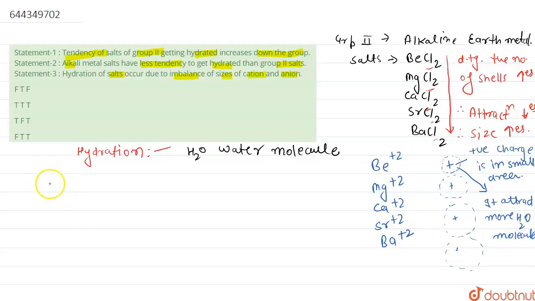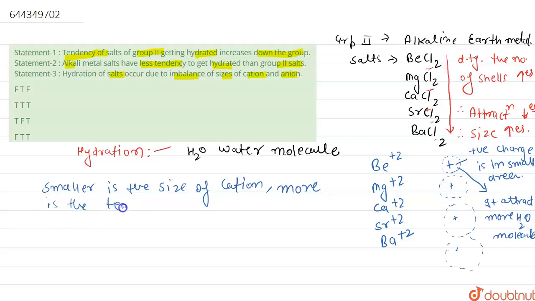The smaller the size of the cation, the more is the tendency to attract water molecules. Therefore, beryllium has the smaller size of cation, so it attracts more water molecules.